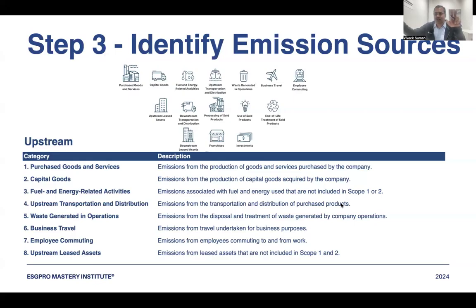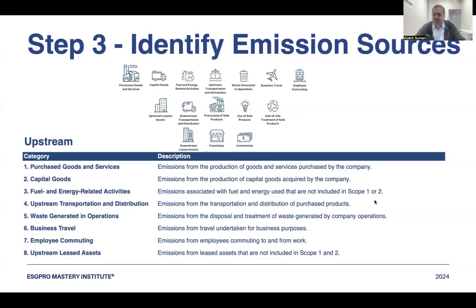So 20 ton is lost. Now that 20 ton needs to be checked for waste generated. How much of it has gone to the waste? Or how much of it has gone into the dust? Because in a cement plant, that's another challenge right now, right? It goes into the atmosphere directly, and a lot of people get impacted as well. So that's the part of upstream transportation and waste generated from operation.